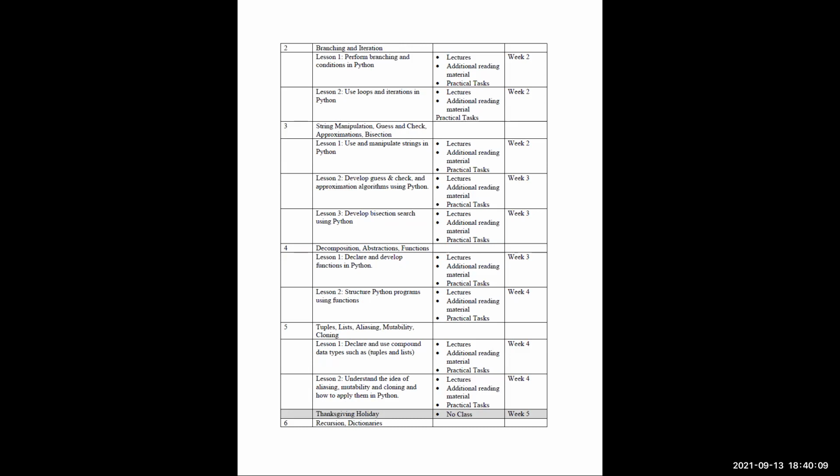In week 3, we'll go to string manipulation. In week 4, we do decomposition and abstraction: what do we mean by programming functions? In week 5, we'll use tuples and lists as data structures.